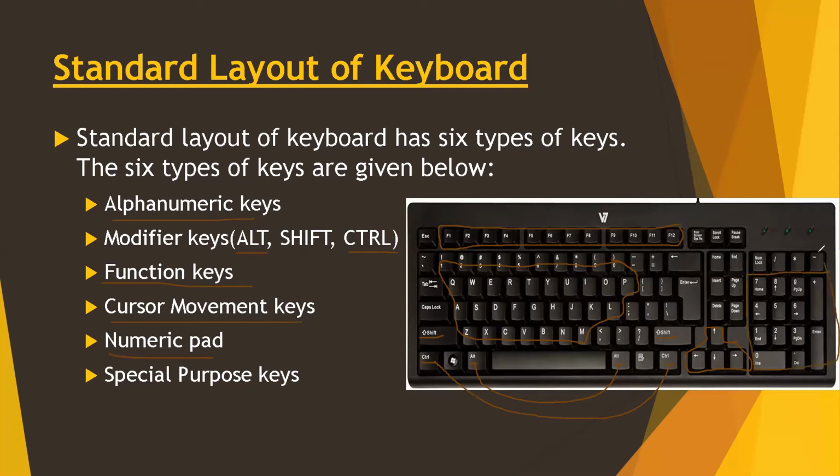Generally, desktop keyboards will have this numeric pad. I was talking about laptop keyboards, where it may be optional. Some laptops have it, some laptops don't. Then special purpose keys like Tab, Caps Lock, Enter. All those are special purpose keys. I hope you understood.